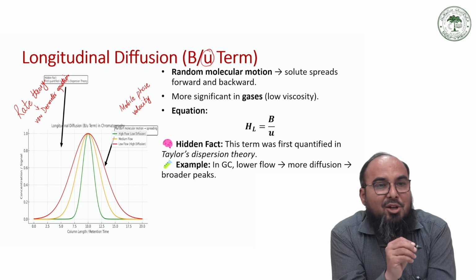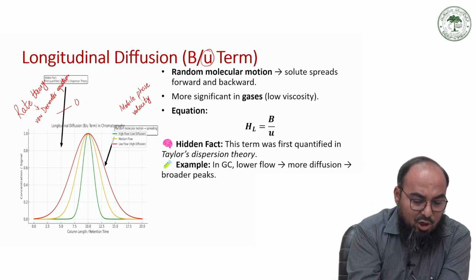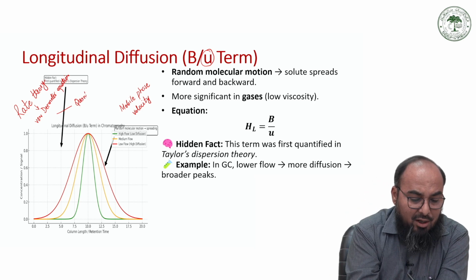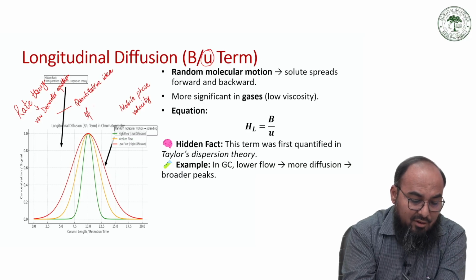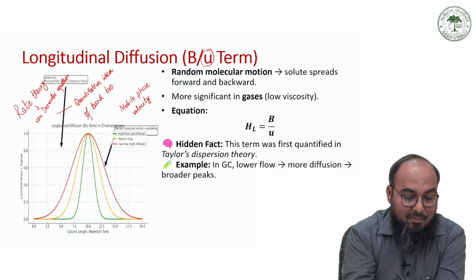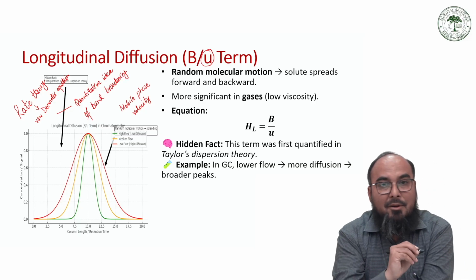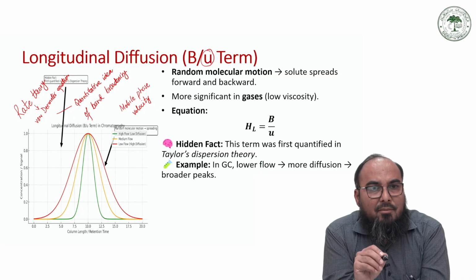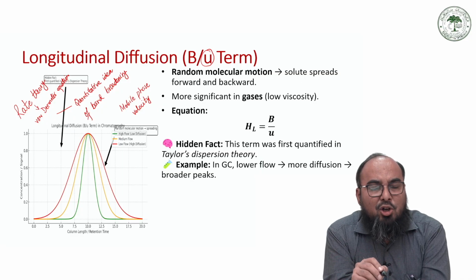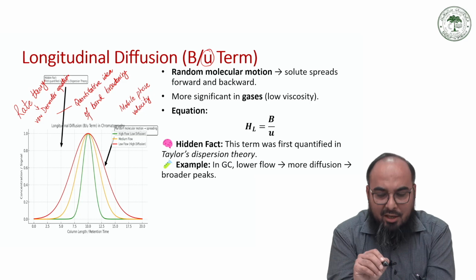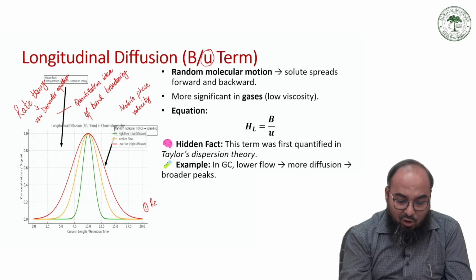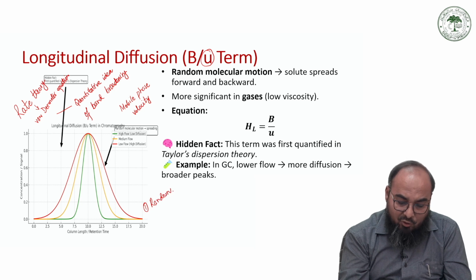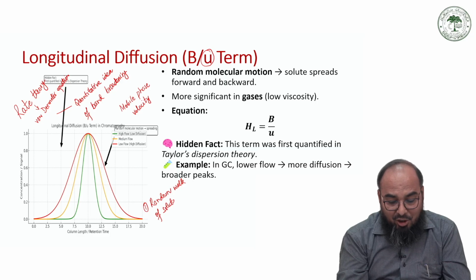Now the beauty of this theory is that it gives you a quantitative idea of band broadening. This rate theory talks about two important things. Number one is the random walk of solute molecules.